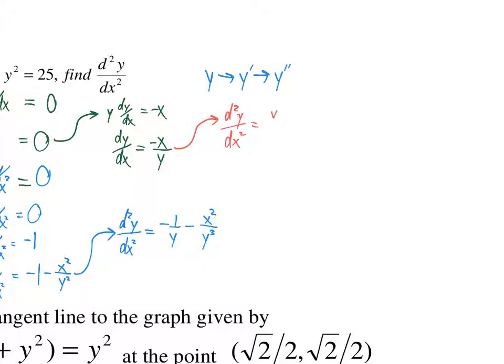Low d high. d high, so the derivative of -x is just -1, minus high d low. d low is dy dx, all over low squared, so this is over y squared.